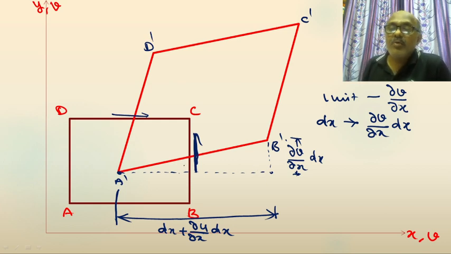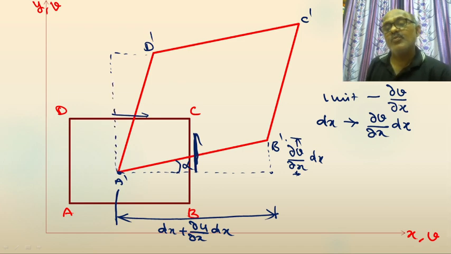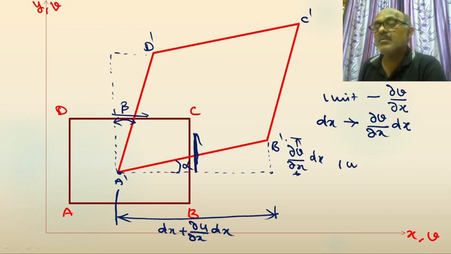Yes or no? Now this angle is alpha. Similar case here also. It is the original. After deformation, it becomes this one, that is A dash D dash. Now this is beta. So for 1 unit displacement in the x-axis direction, that is dou u by dou y.